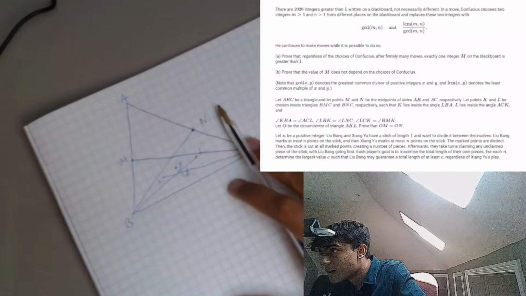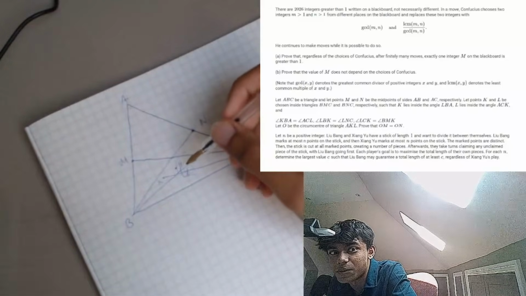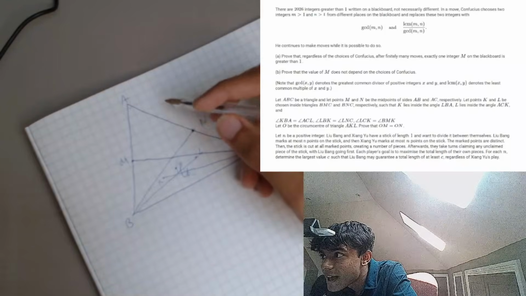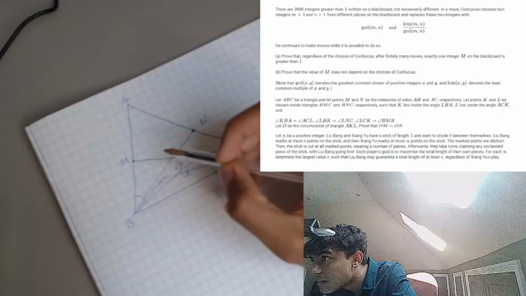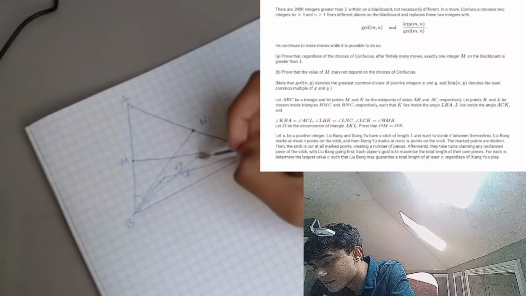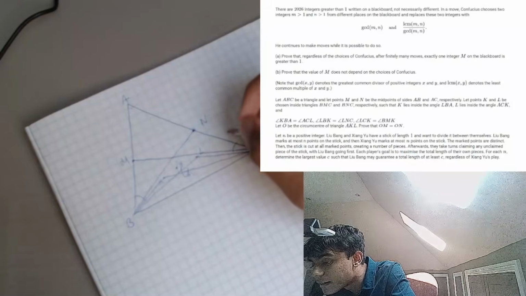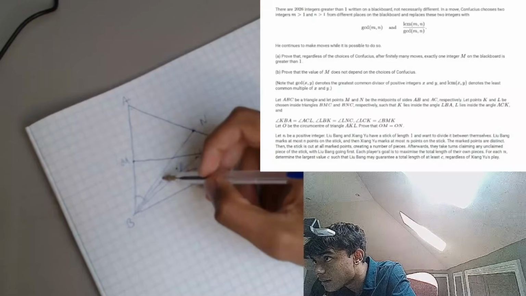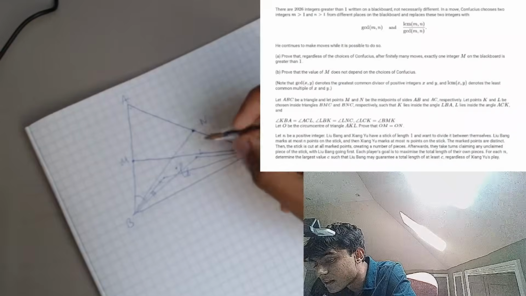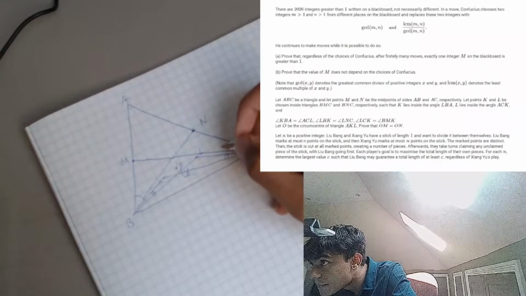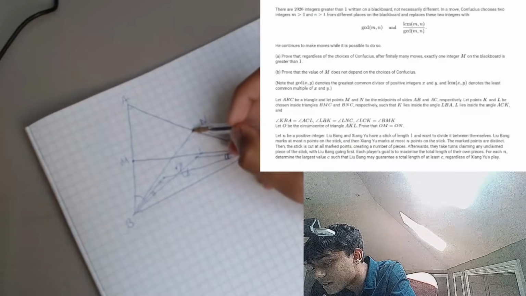Okay, fine. And we have some weird looking angle conditions. KBA equals ACL. And LBK equals LNC.